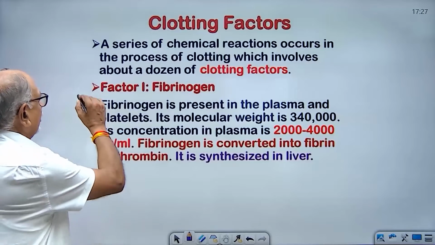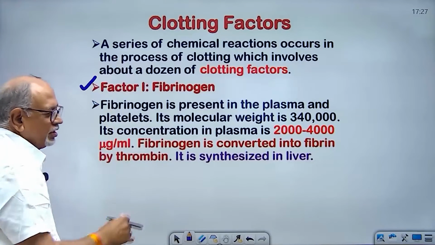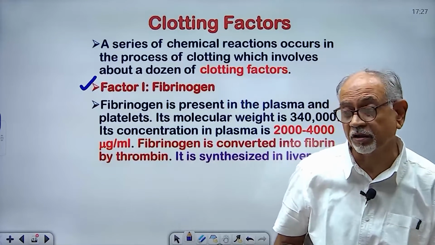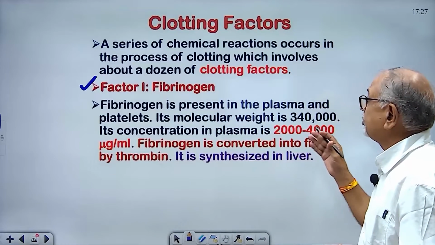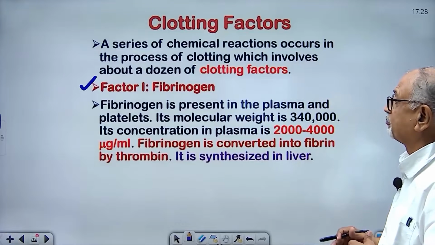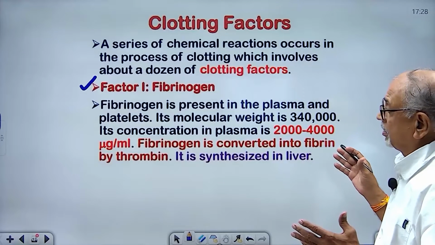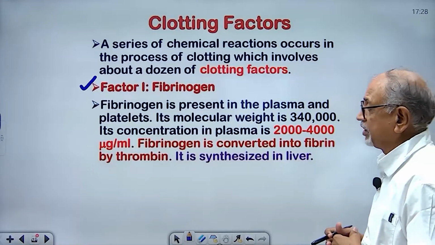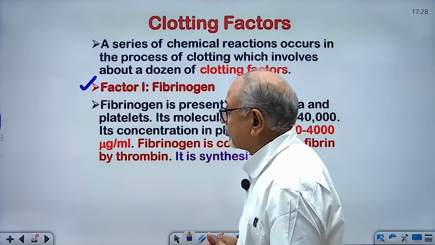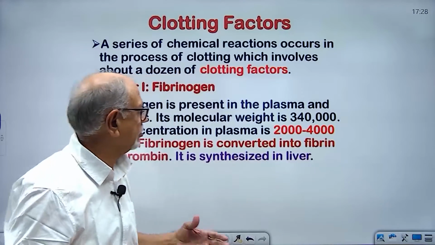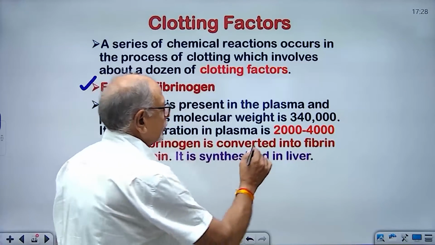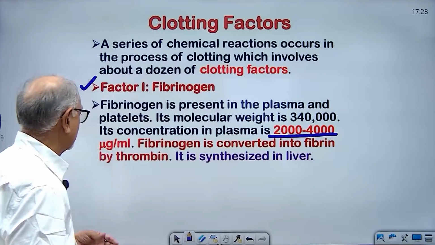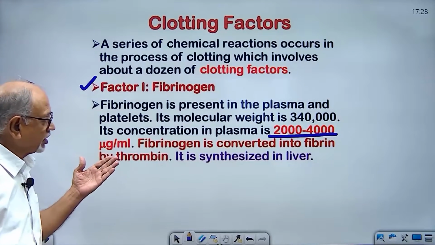Factor number 1, that is fibrinogen. Fibrinogen is a soluble protein which is found in the blood plasma. Its molecular weight is 340,000. Its concentration in blood plasma is 2000 to 4000 μg per ml.